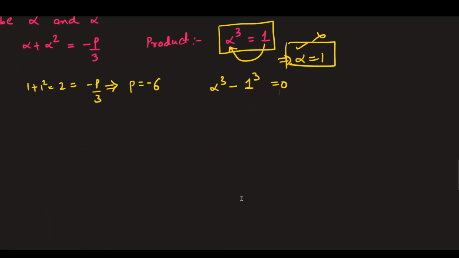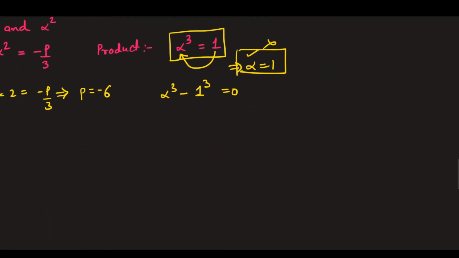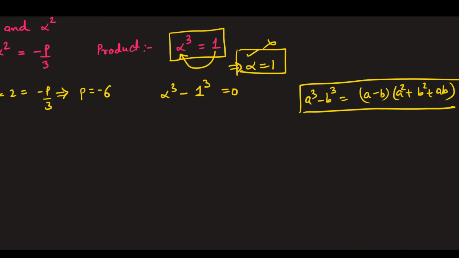Now use the identity of a cube minus b cube, that is equal to a minus b into a square plus b square plus ab. This identity is very useful and you should learn this. So by applying the identity we get this thing.